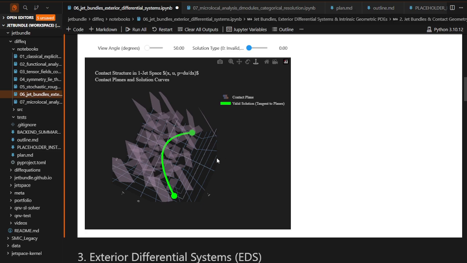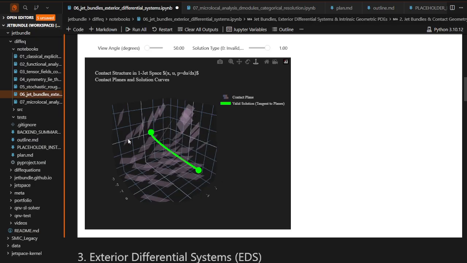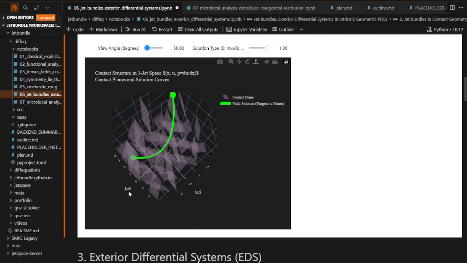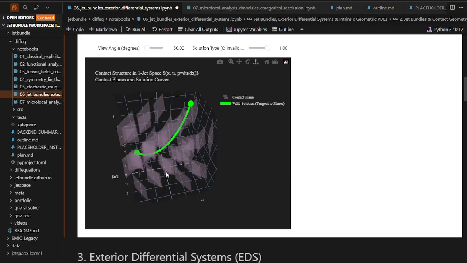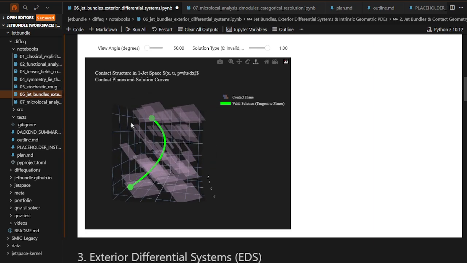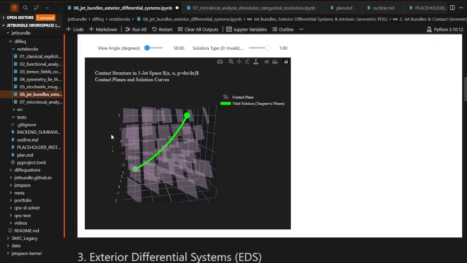What you're looking at here is a three-dimensional jet space, again with x comma u comma p, where p is the first derivative. So here's u, the function, and here's x, the variable or the coordinate, and here is the derivative with respect to x.